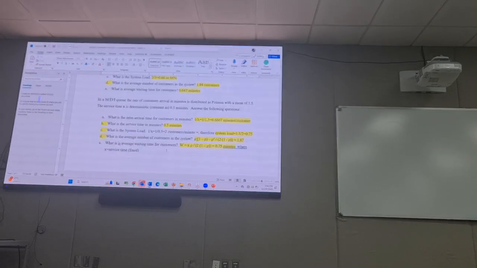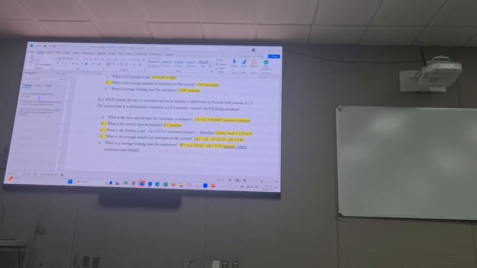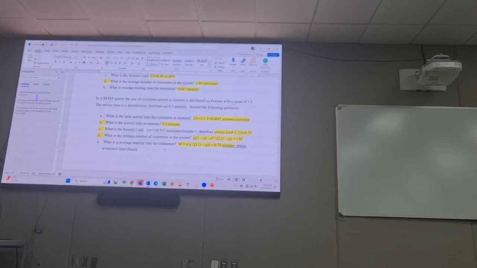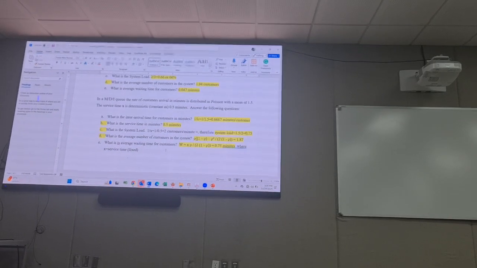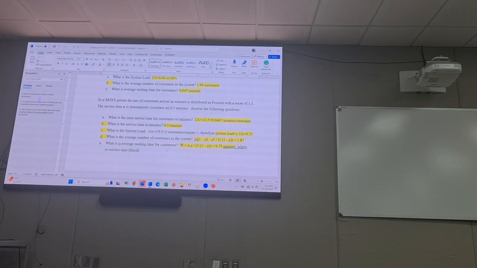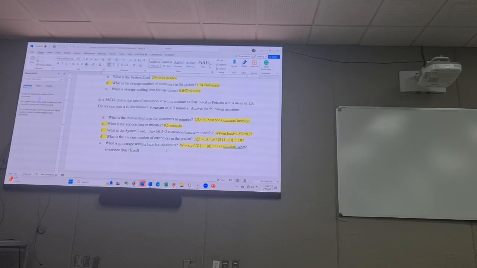It's giving you the rate, which means that 1.5 customers per minute is given to you. We did not write the units here, but it is customers per minute.